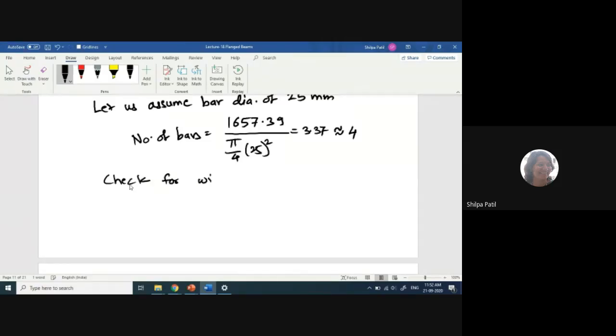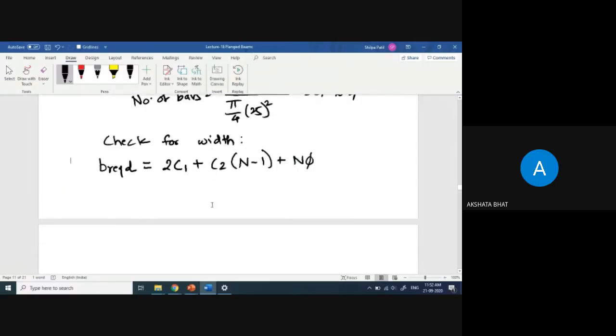Check for width. So what is our formula? The required width is calculated as 2c1 plus c2 into bracket n minus 1 plus n into phi. Is the formula correct? Yes, ma'am.